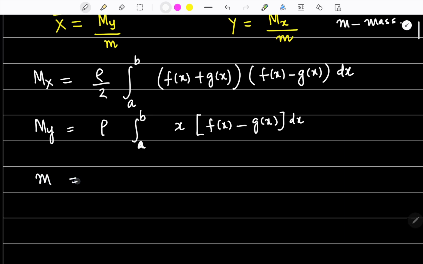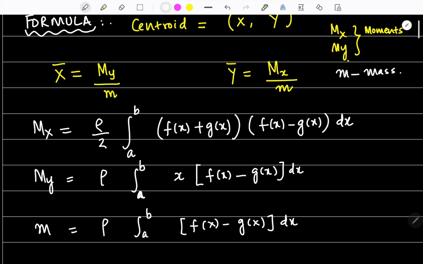Next formula is m, which is mass. These two are moments, and now we are going to calculate mass. So rho, integral a to b, f of x minus g of x times dx. You have to memorize this formula. Rho is the density.